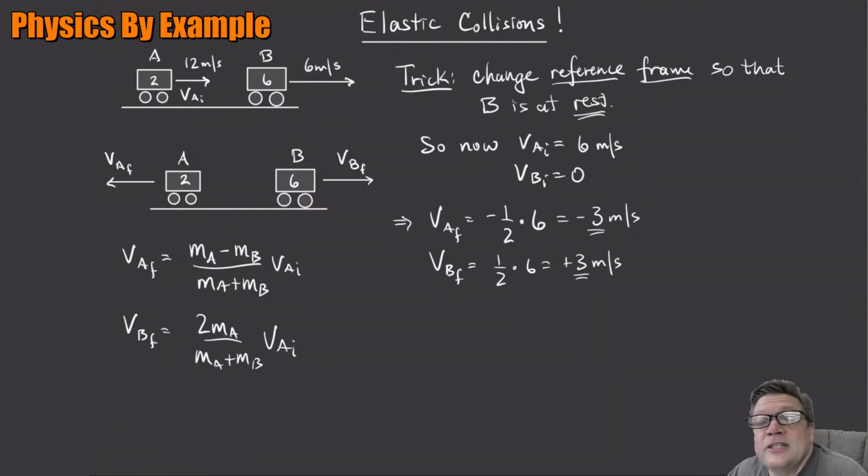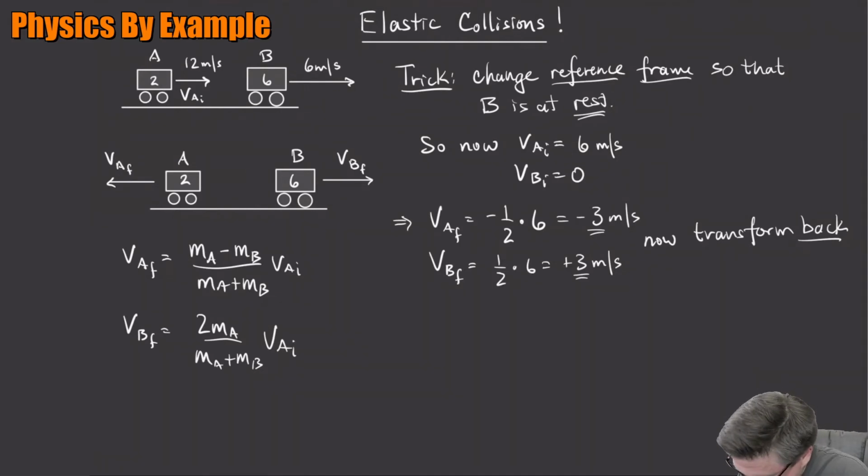This is still in the frame where B is at rest, so we've solved the problem. Now transform back. How do we transform back? We just undo what we did in the first place. The first thing we did was to subtract the speed of B so that it went down to 0. So once we get our answers, now we're going to add that back in, which means we're going to add 6 to get back to where we were before.